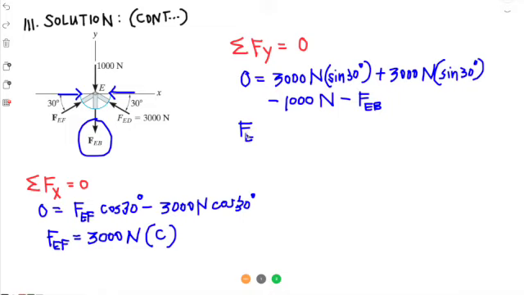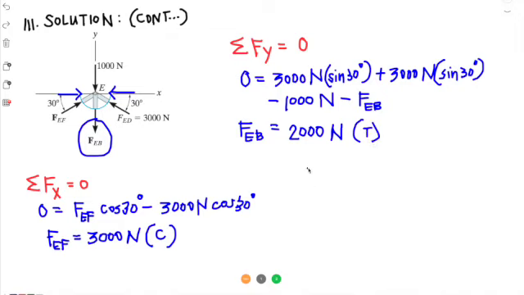So the value of FEB, we transpose it on the other side, and this would become 3,000 newtons times 1/2 plus 3,000 newtons times 1/2, that's 3,000, minus 1,000, that will become 2,000 newtons. And it's positive, so it means that the assumption for the direction of FEB is correct, and it tends to elongate point E, so it becomes a tensile force. So that is what is required in the problem.